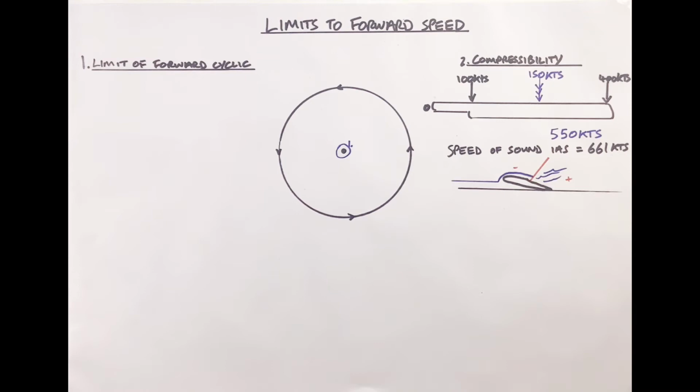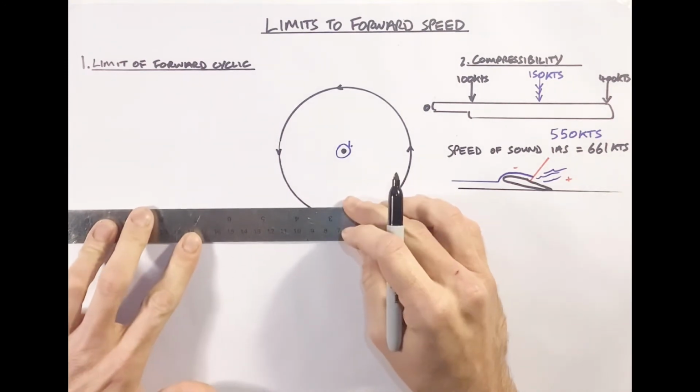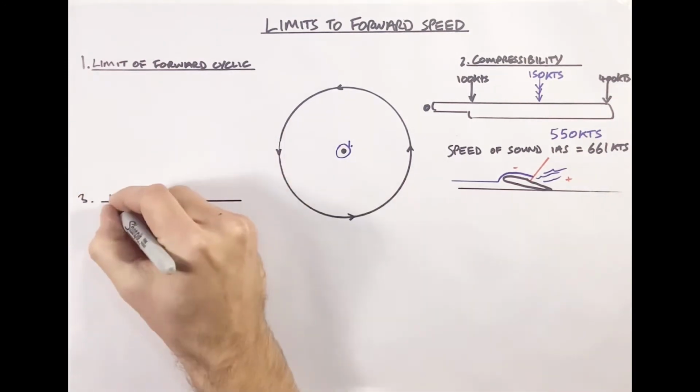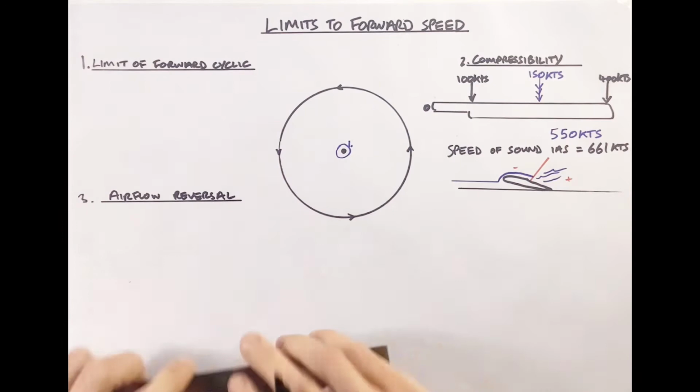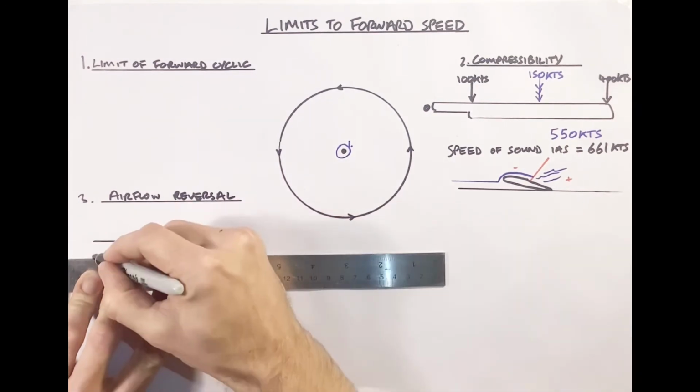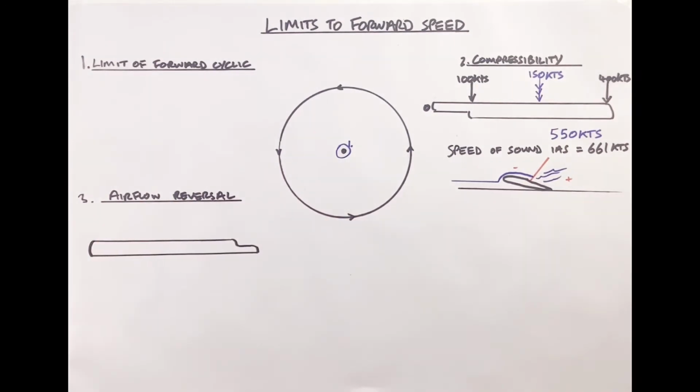So the next two are probably the most important ones then, and they are intrinsically linked. So airflow reversal. So we're looking now at the retreating blade coming down on this side, and so this is the retreating blade. It's moving in this direction, but the aircraft is moving in that direction.